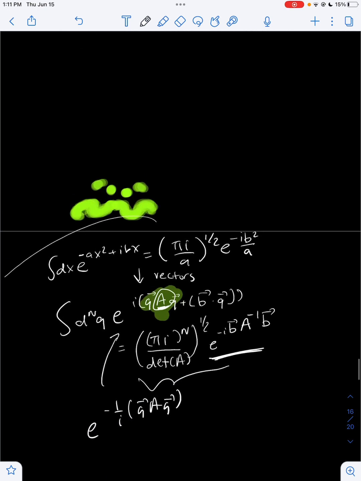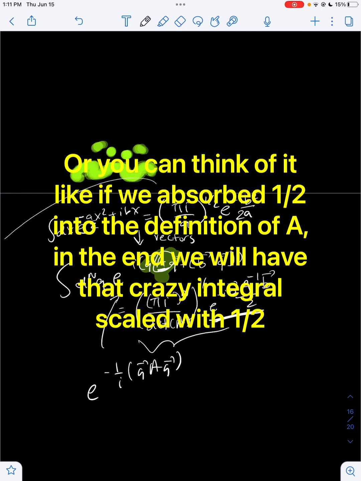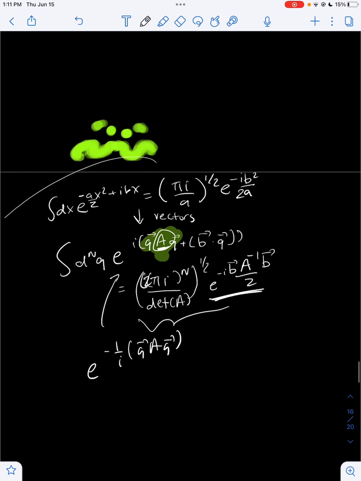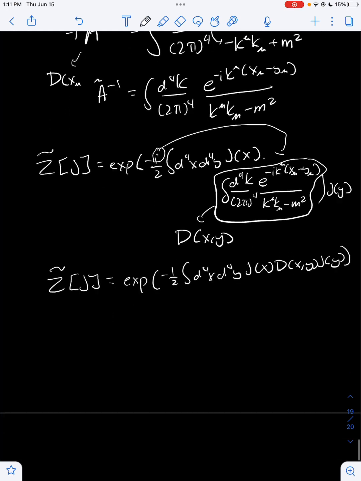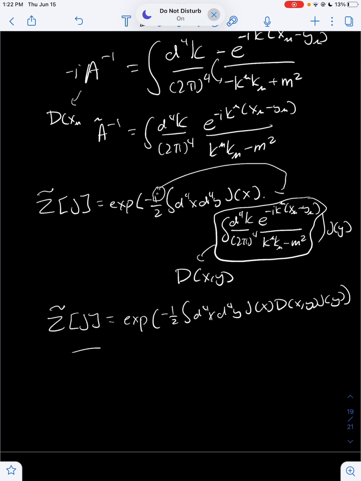So here, if we divide by 2, we should divide by 2 here as well, which comes down to dividing by 2 here, and then having a 2 over here. So doing that, we should have a minus 1/2. So this is the final answer for the normalized generating functional.